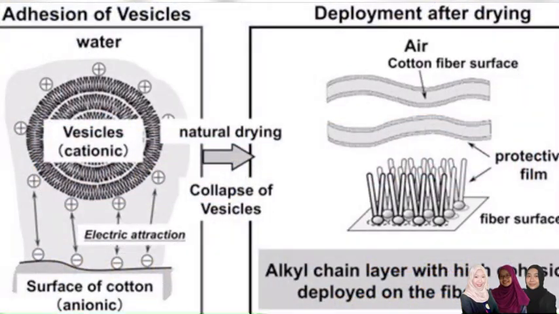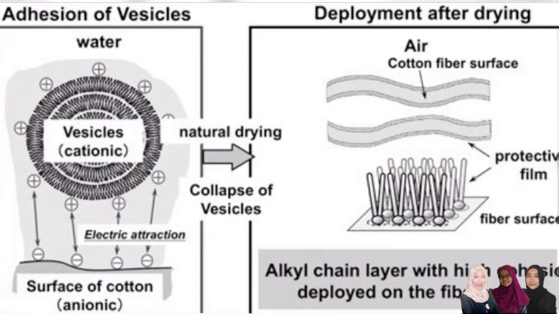Let's see the softening mechanism. The fabric softener contains a cationic surfactant that has two long alkyl chains as its main component. The explanation for the softening mechanism is that the softener lowers the fiber-to-fiber friction. It happens when the cationic vesicles in water are absorbed onto the surface of the fibers, which is electrostatically negatively charged, as shown in the figure.